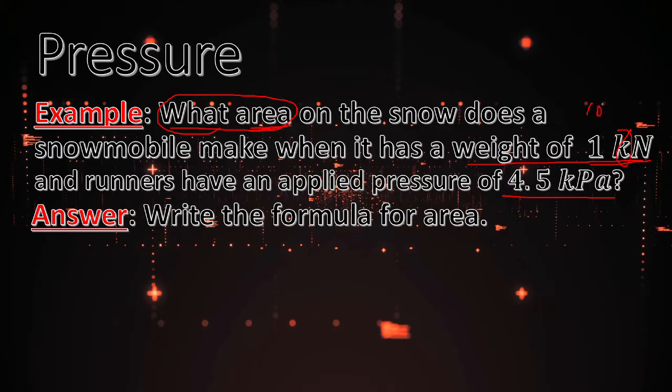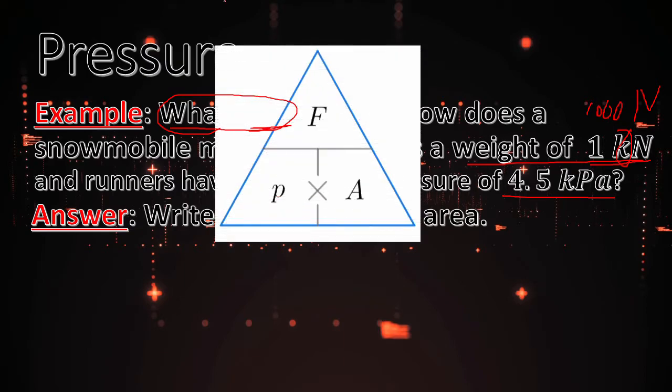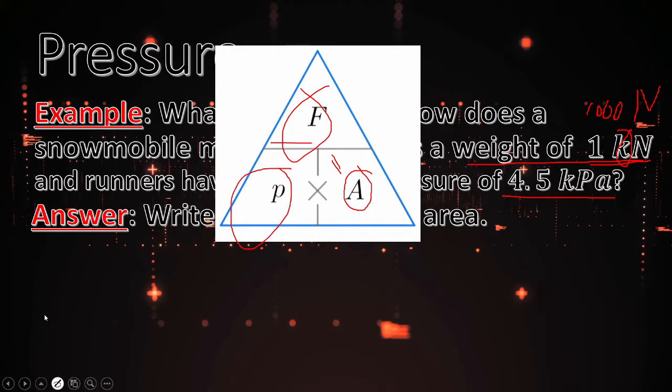So again, kilonewton meaning this is actually 1,000 newton. Then 4,500 pascal. So going back to our formula to get our area, again, area here would be equal to force over the pressure.